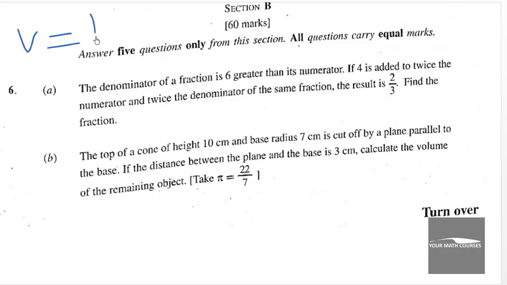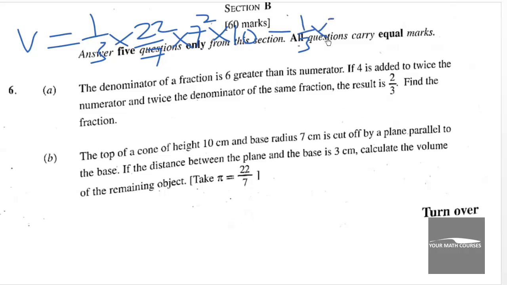Volume is equal to 1 over 3 times pi, which is 22 over 7, times radius of the bigger cone, 7 squared, times height of the bigger cone, 10, minus 1 over 3 times 22 over 7, times radius of the smaller cone, 4.9 squared, times height of the smaller cone, which is 7 centimeters.